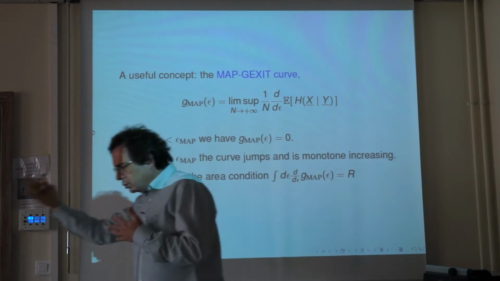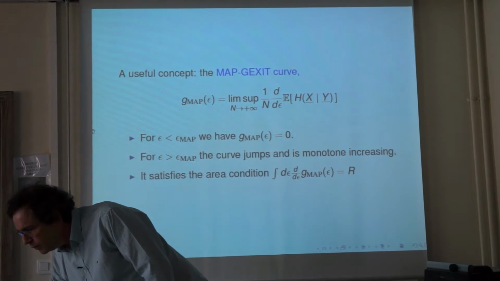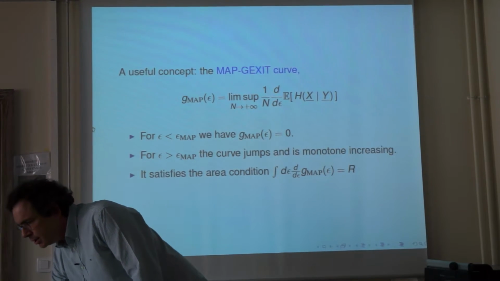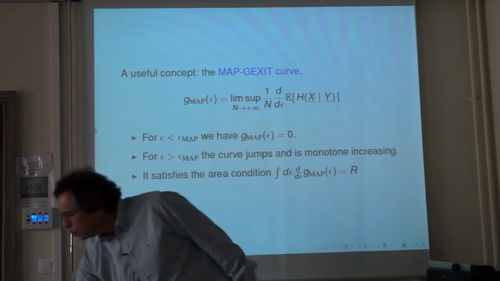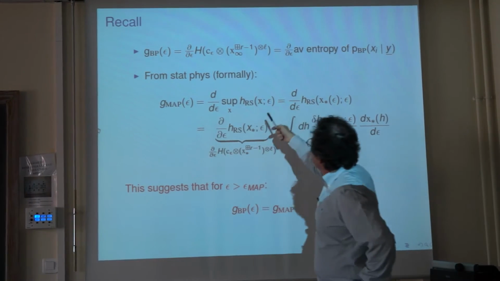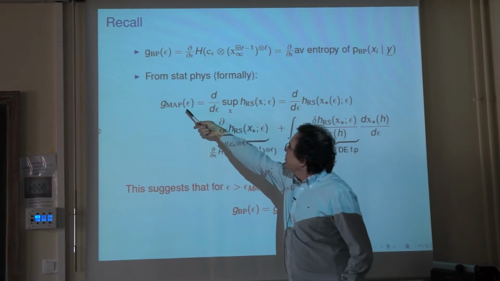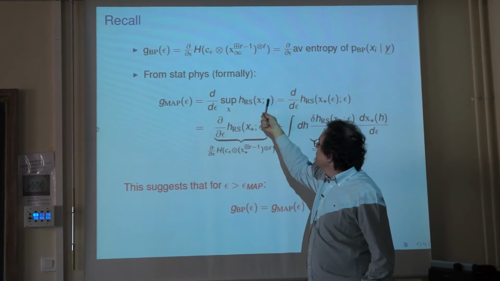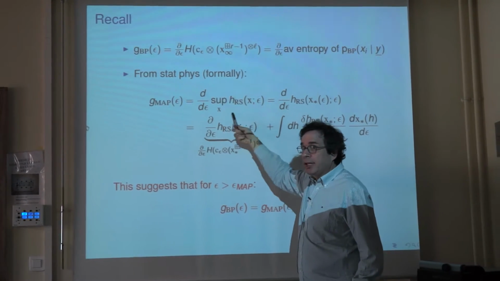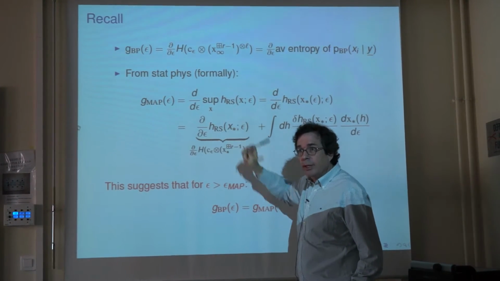But because we know the result we want to prove, statistical physics suggests that this is given by the sup of some functional. At least formally, you expect that this MAP curve is equal to the derivative of the stat-phys replica symmetric formula.